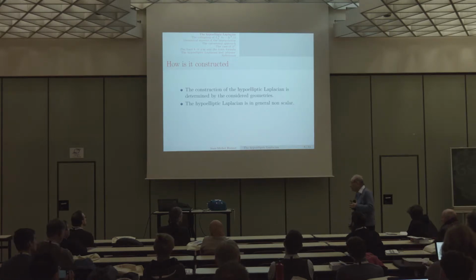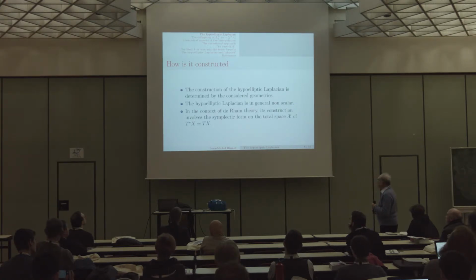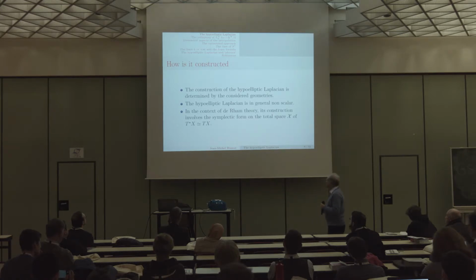So in spite of the fact that you may start from a scalar Laplacian, in general to have the good properties of this operator, it is non-scalar. In the context of de Rham theory, its geometric construction involves a symplectic form on the total space F script of the cotangent bundle, I would say. I will not at all describe this here, but let me tell that effectively, in some sense, the new ingredient with respect to the classical construction of the Laplacian is the incorporation of the symplectic form.